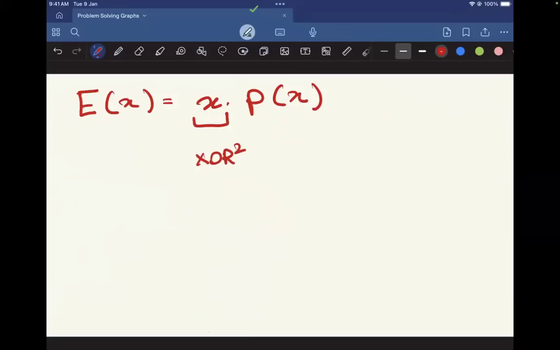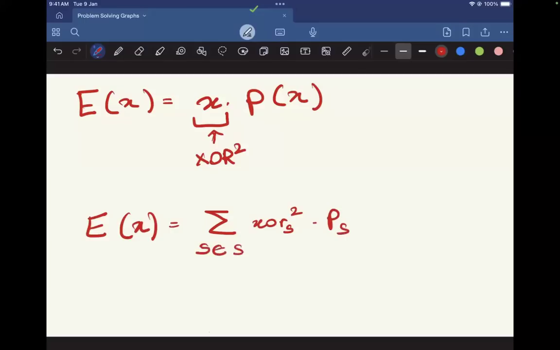This is just XOR squared. So if I have all subsets, can I say expected value of x is nothing but summation of XOR of s squared into probability of s, where s is all subsets of array A? This is the probability that this subset occurred, and the XOR of the subset is given as XOR squared.